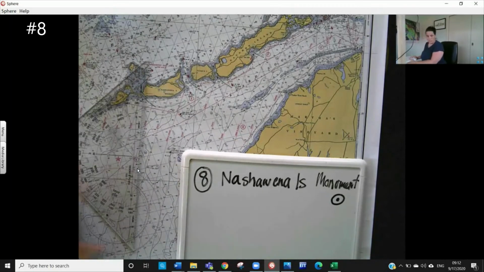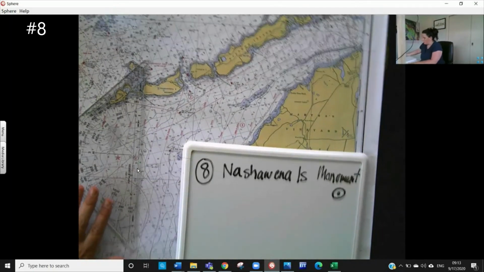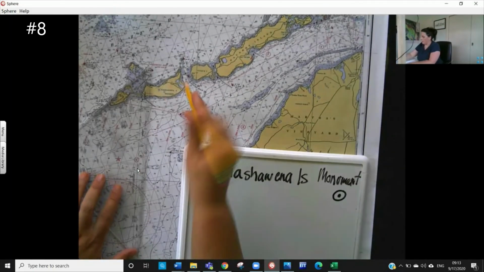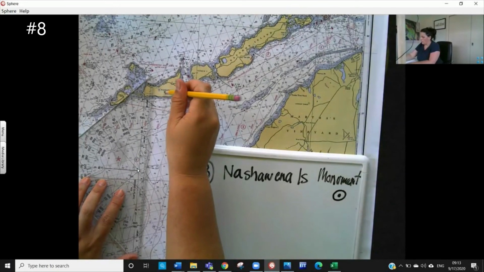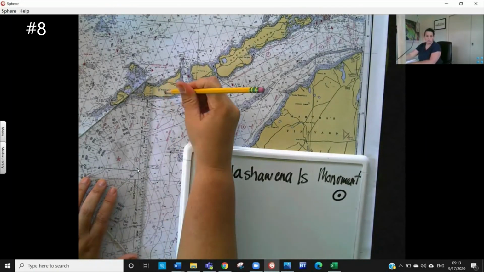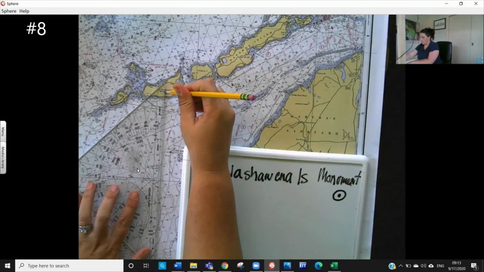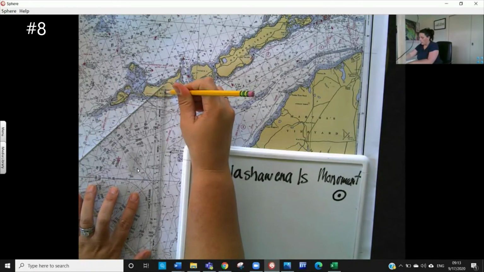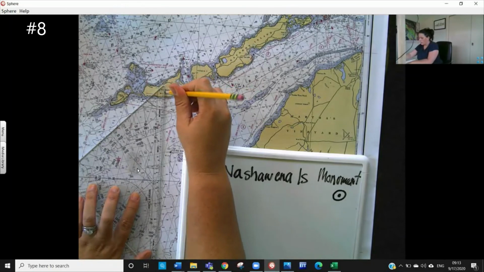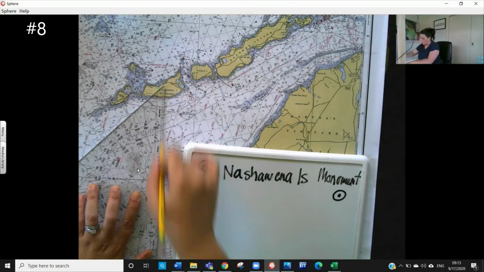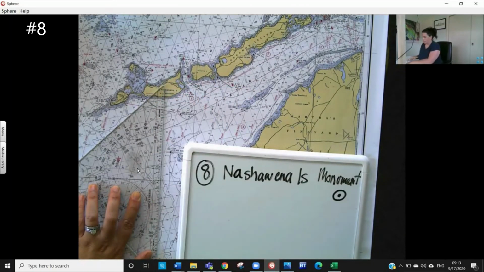So I'm going to use my triangle this time, trying to mix it up. I will put my pencil right on the monument and then put this perpendicular line on the latitude line so I can get a straight meridian.